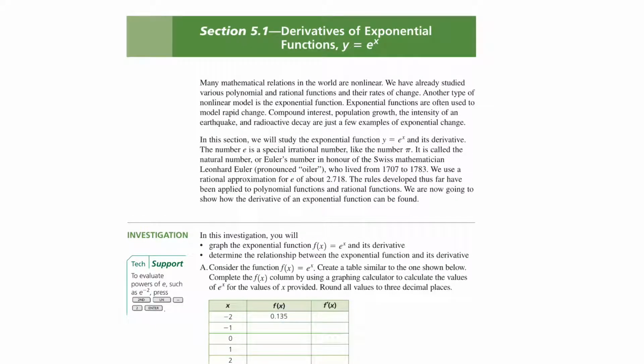In this session, we are going to work on Section 5.1, derivatives of exponential functions, y equals e to the power of x. The limit of (1 plus 1 over n) to the power of n as n approaches infinity is an irrational number shown by e. e is approximately 2.7183.